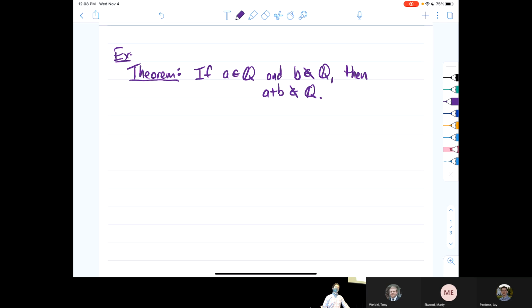The reason a direct proof isn't going to work out that great here is that you would assume P. So let's identify P. This whole thing here is P, and this is Q. So you'd be assuming P, which is a combination of a positive statement, A is rational, and a negative statement, B is not rational.